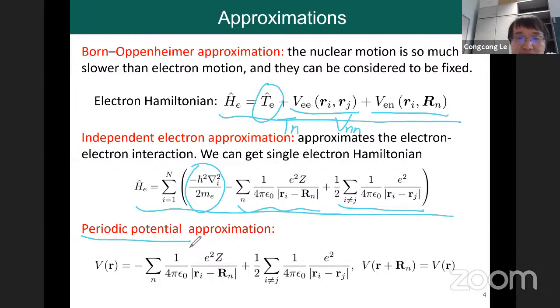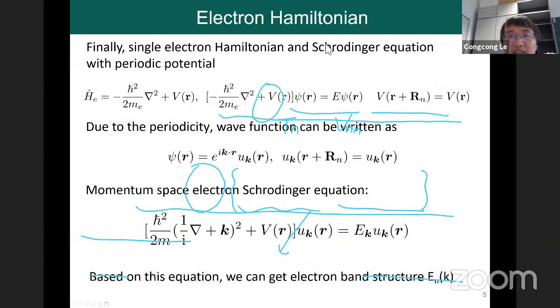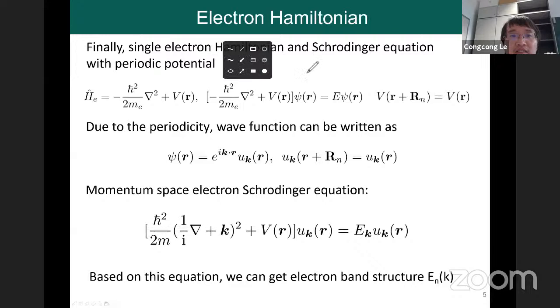It means we take this interaction, which we call V(r). Then we assume V(r) is periodic like this. So finally we can get the single electron Hamiltonian and Schrödinger equation with the periodic potential, like this formula.